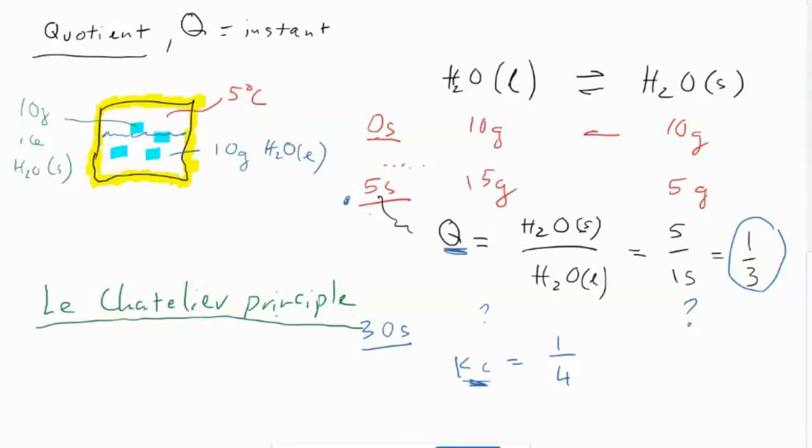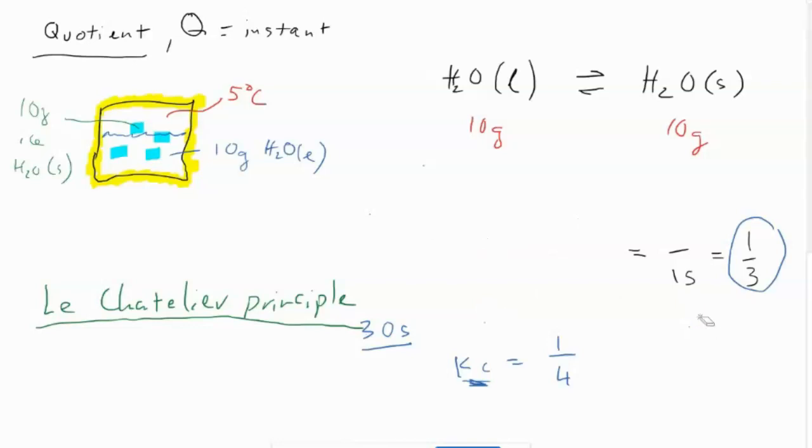Okay, so the principle is saying that if you make a change to a system, then the system will shift the equilibrium toward restoring the equilibrium. Okay, so you're starting out with 10 grams of this, 10 grams of that.